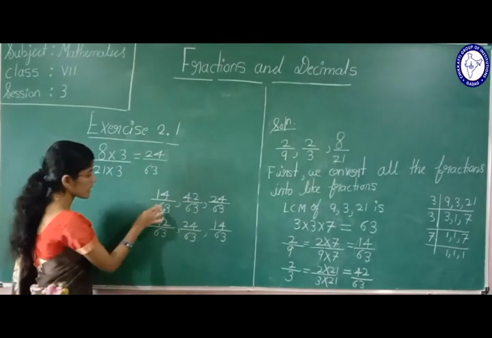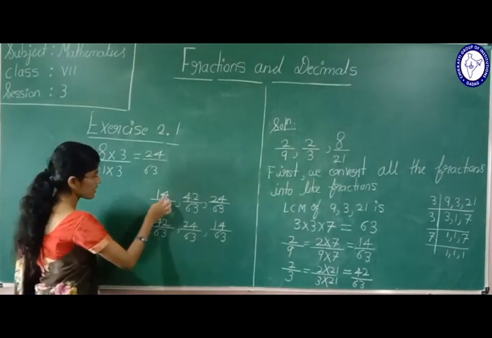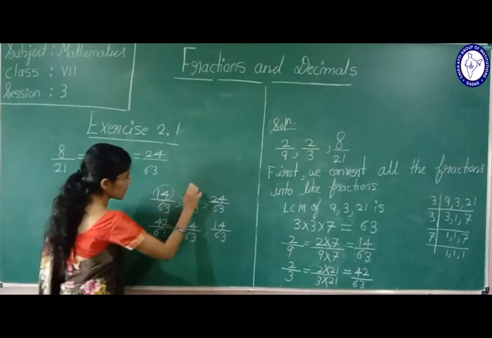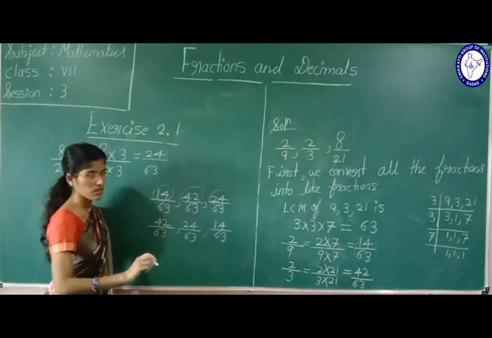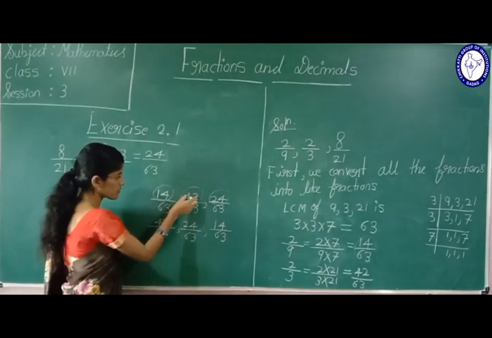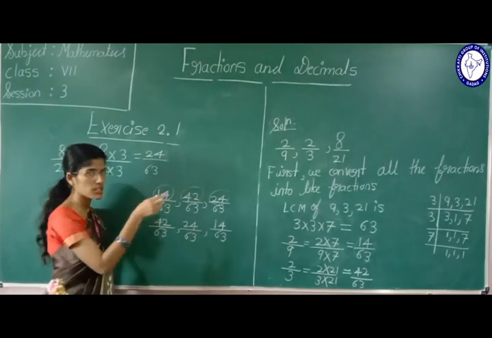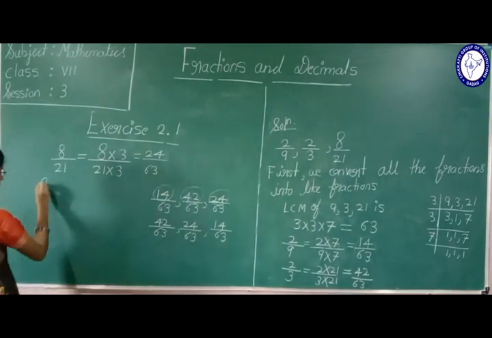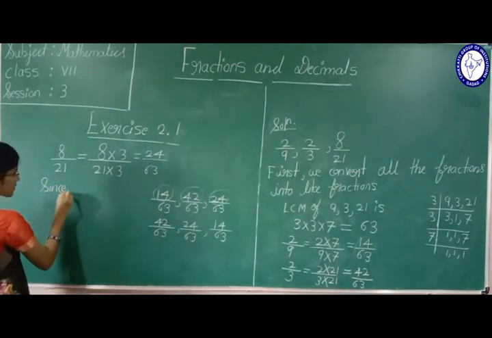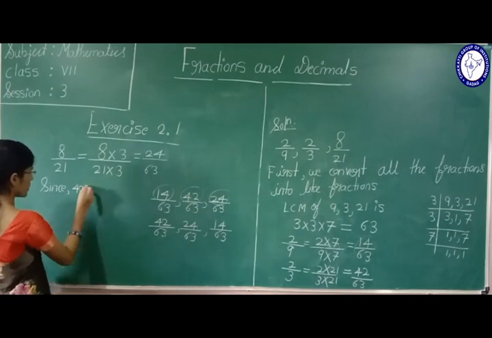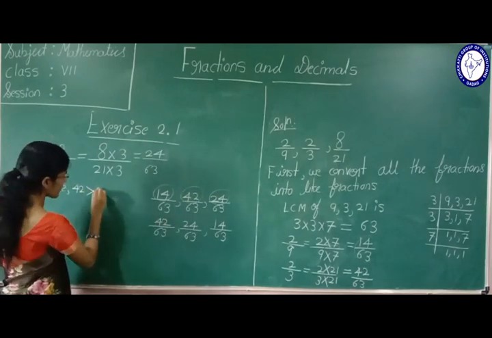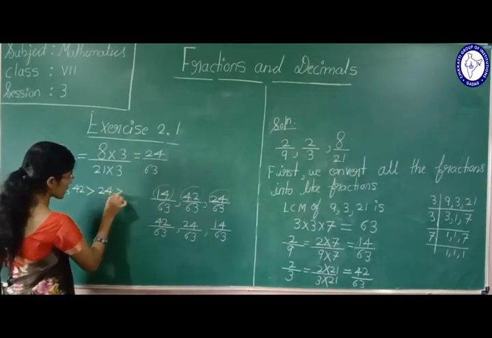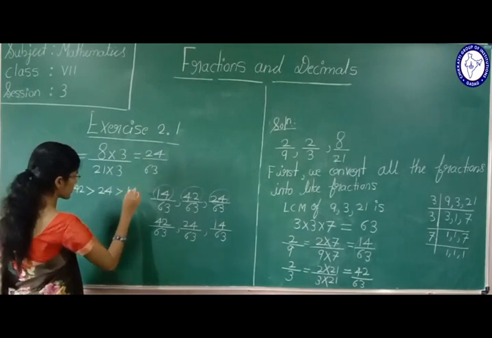Say, if denominators are same, we have to compare the numerators. In the numerator, whichever fraction has the bigger number, that fraction is the bigger one. We will write now: since 42 is greater than 24 is greater than 14. Yes.